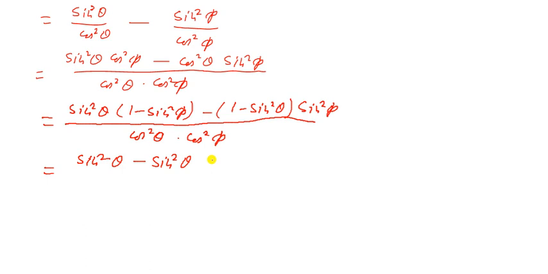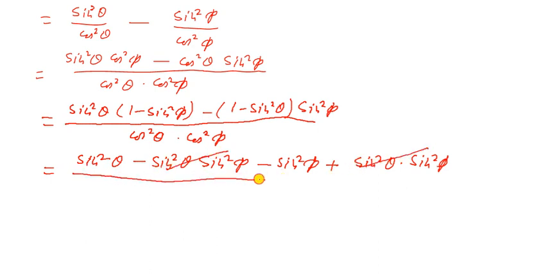Now multiply inside. It is sin square theta minus sin square theta sin square phi and minus sin square phi plus sin square theta into sin square phi.